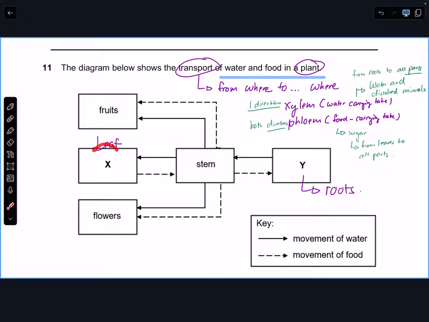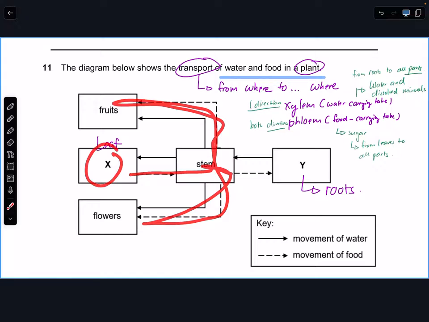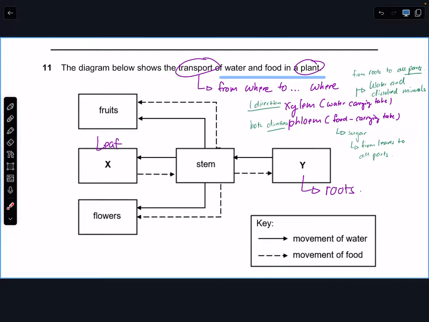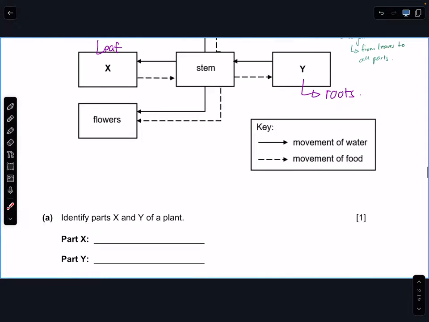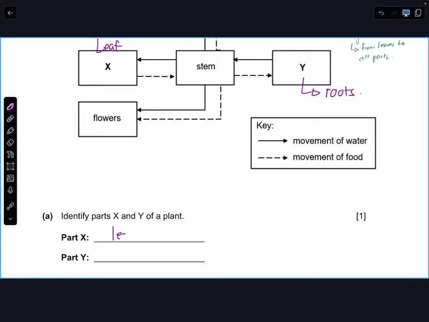So food that is made here goes to here before it gets distributed. So my answer is leaf and roots. Next.